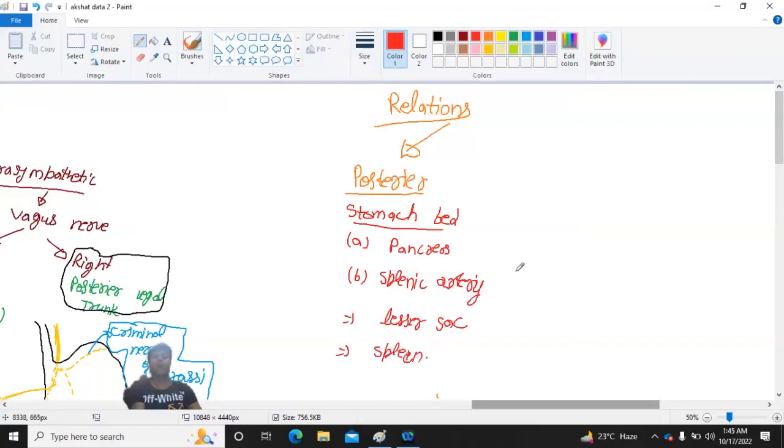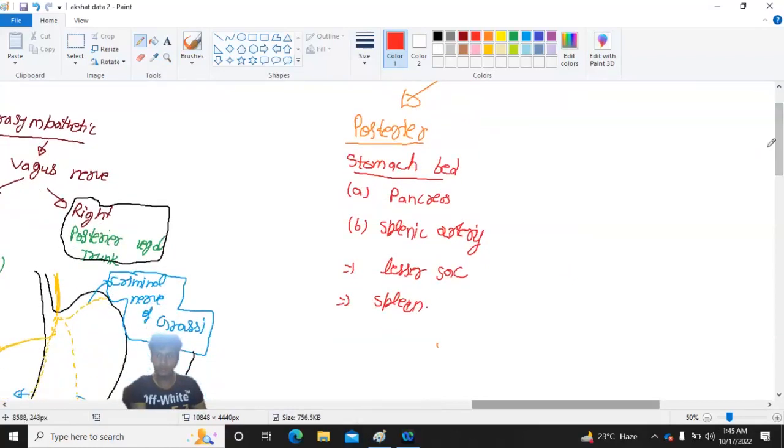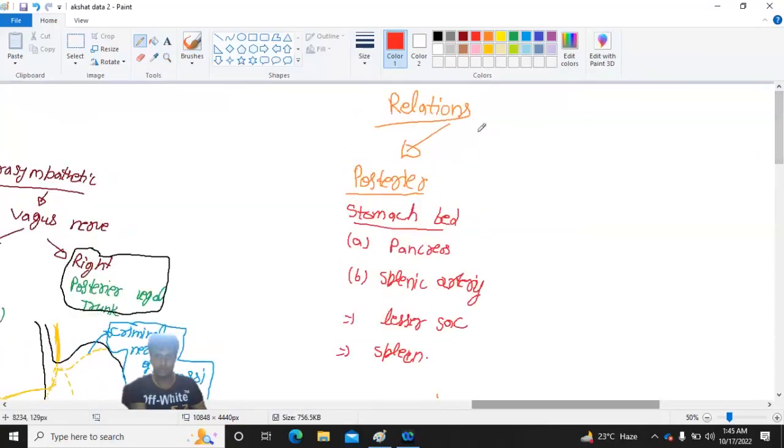All these are the stomach bed parts. Stomach bed we have already covered. Some celiac branches, the celiac trunk, also come into the posterior relations.